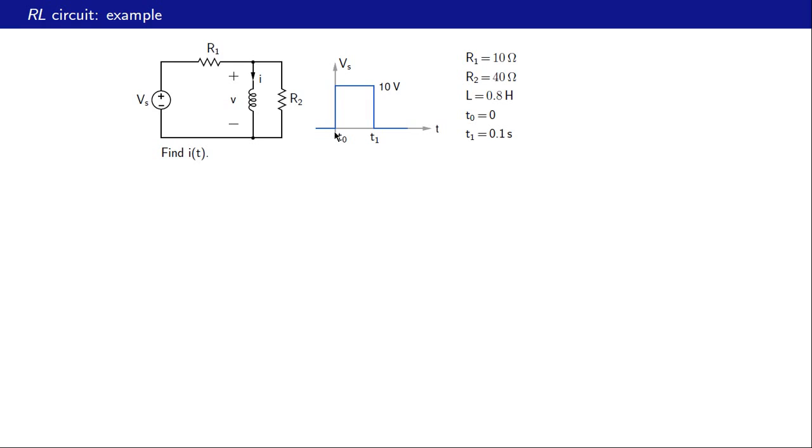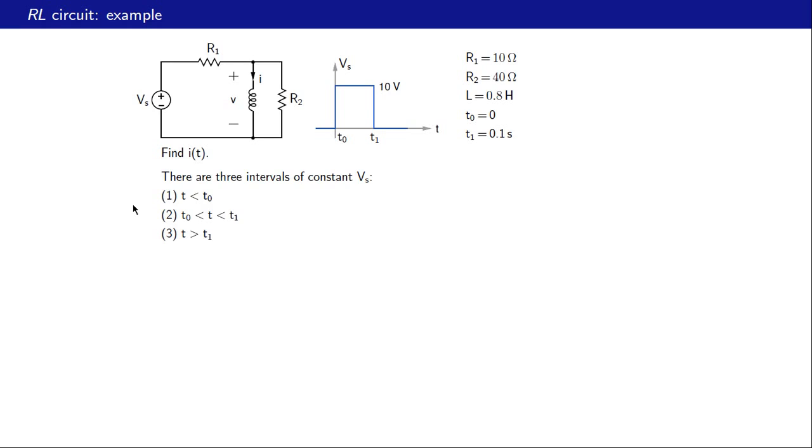Up to t0, the source voltage Vs is 0 volts. Between t0 and t1, it is 10 volts. And after t1, it is again 0 volts. We are interested in finding the current through the inductor as a function of time.